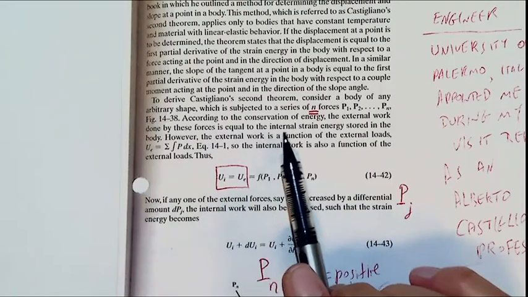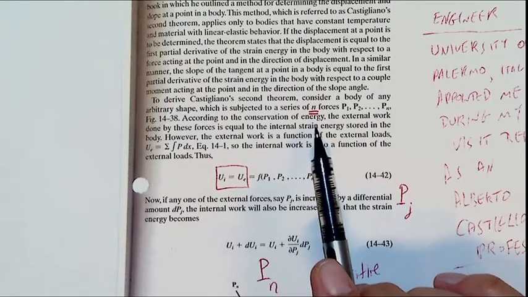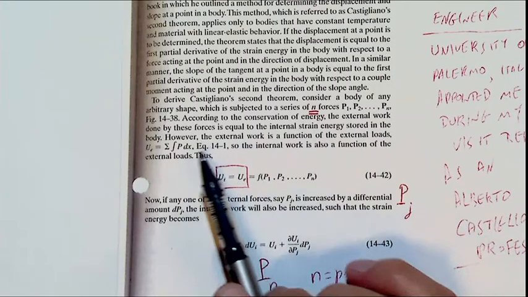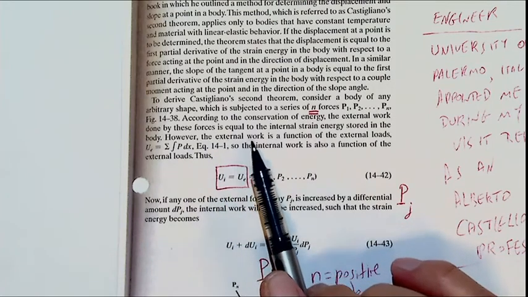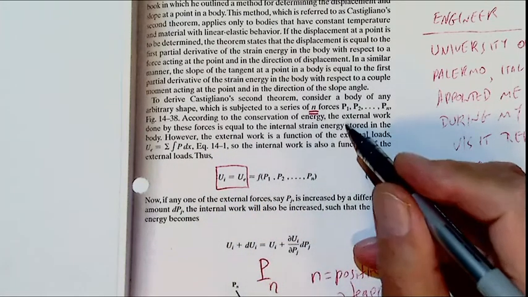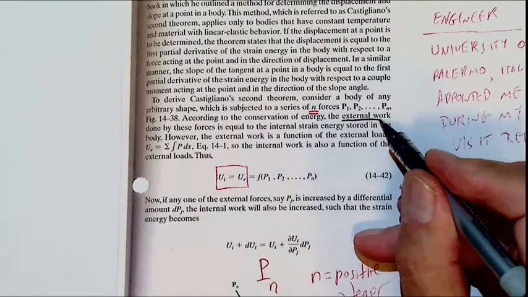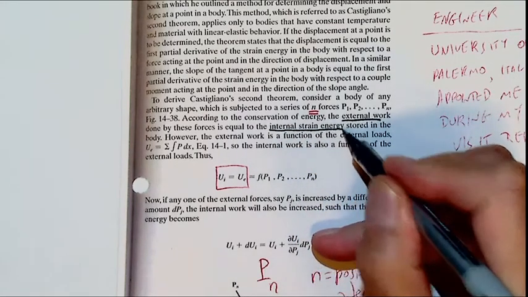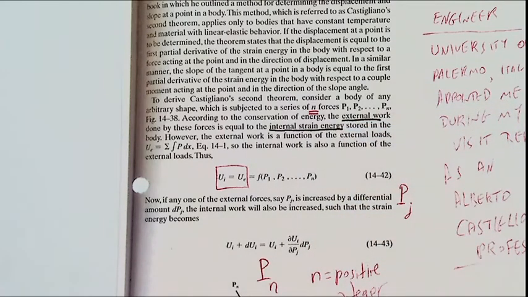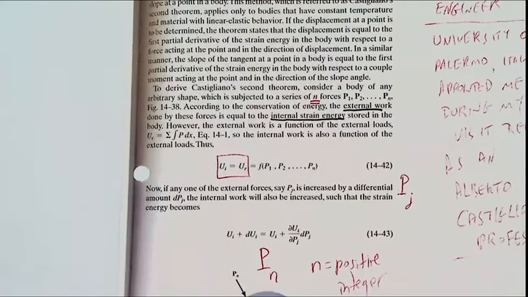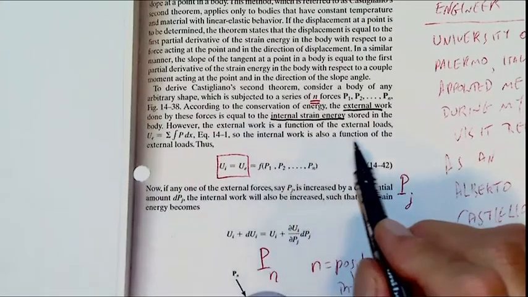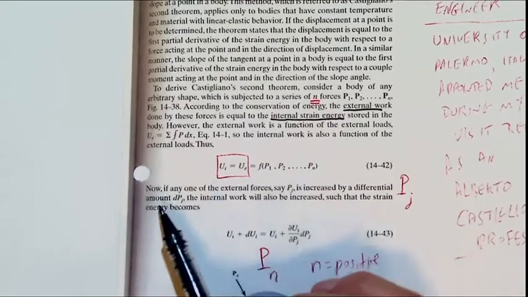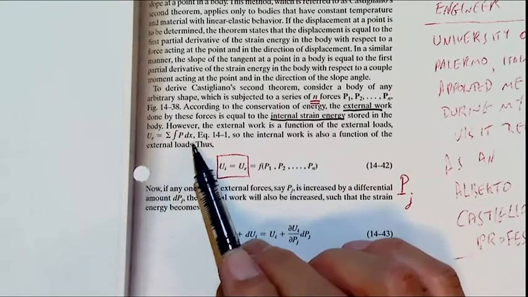According to the conservation of energy theorem, the external work done by these forces is equal to the internal. So this external work is transforming into internal strain energy stored in the body. Okay? So external work is function of the external loads. Like that is summation P dx.